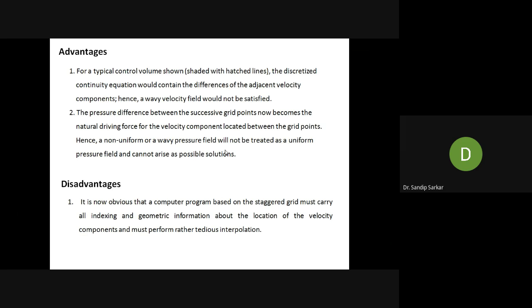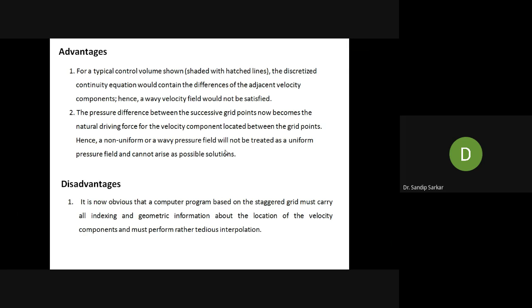So what are the advantages? Already discussed. Here you will not face the problem of pressure velocity decoupling arising out of a checkerboard or zigzag pressure distribution. The zero pressure gradient prevailing in the numerical solution of the Navier-Stokes equation will not come, and one can obtain a very accurate solution for the fluid flow problem.